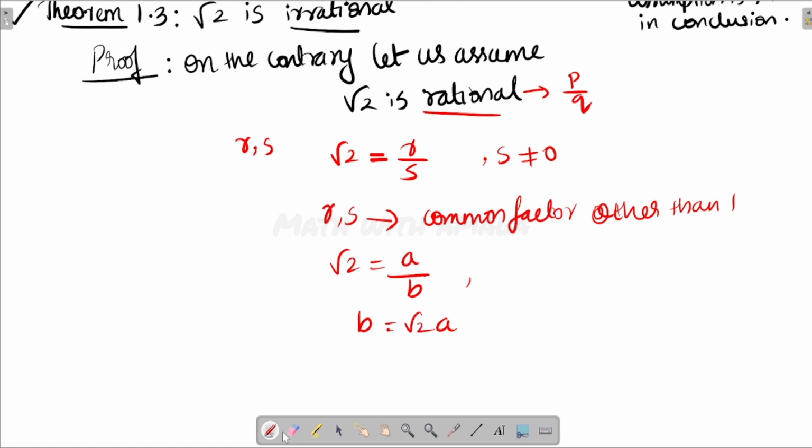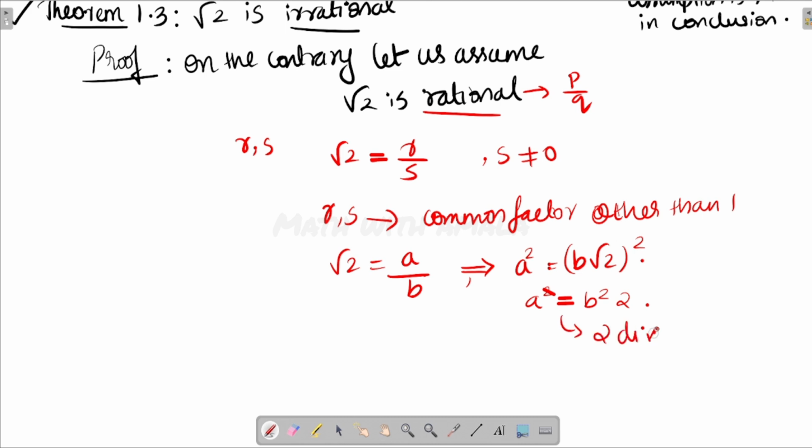We can write root 2 is equal to a by b. A is equal to b into root 2. If we square on both sides, you will get a square is equal to b root 2 the whole square, which is equal to b square into 2. A square is equal to b square into 2. Simply you can write a square by 2 is equal to b square, which means 2 divides a square.